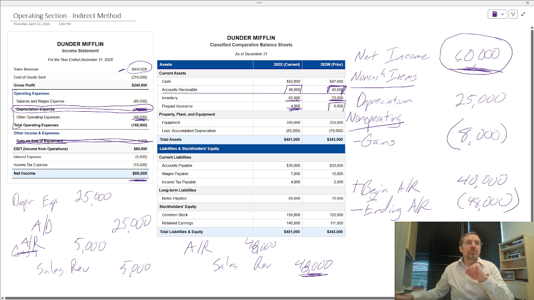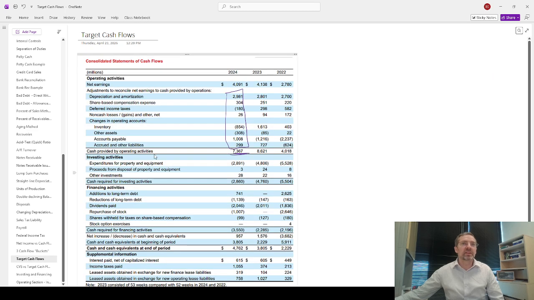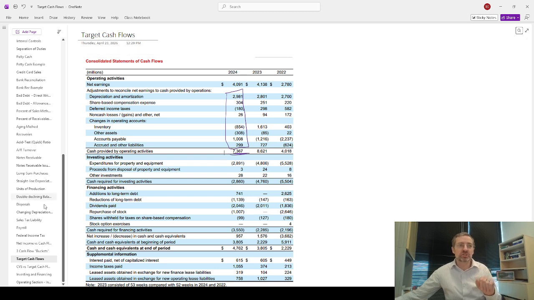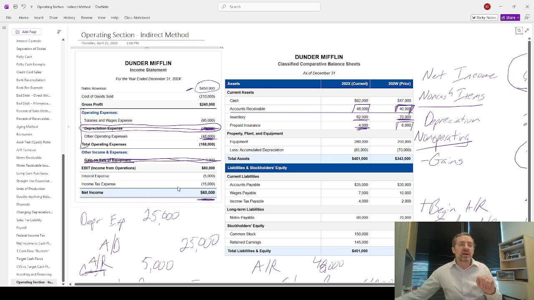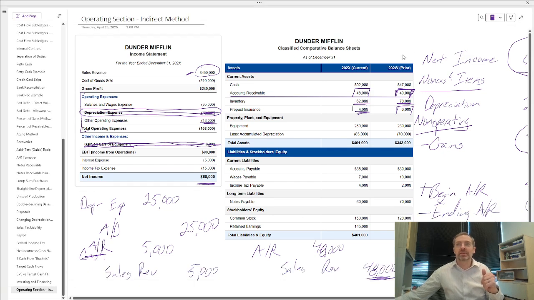Now, if we go back to Target's financial statements, let's look at how they do it. They just show the change in operating accounts. For example, the change in inventory or the change in other assets. They don't actually show plus beginning minus ending. They just show the change. What we do is we actually net those numbers together.